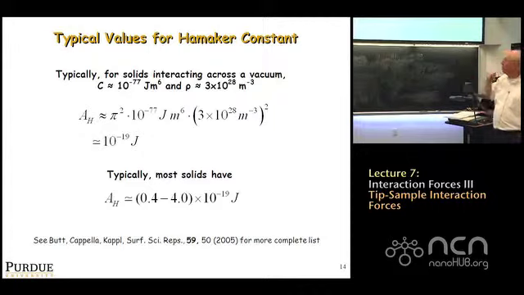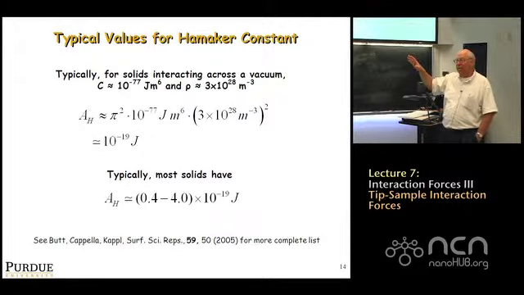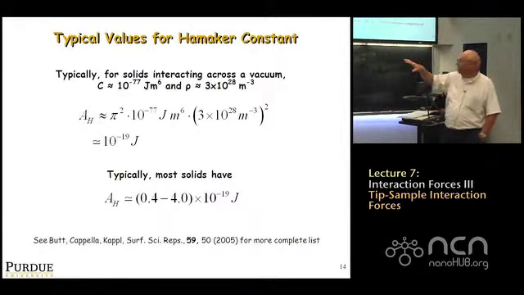Those numbers come out to be about 10 to the minus 19 joules, typically. For most solids in the literature, you'll find Hamaker constants that range roughly between 0.4 and 4 times 10 to the minus 19 joules.